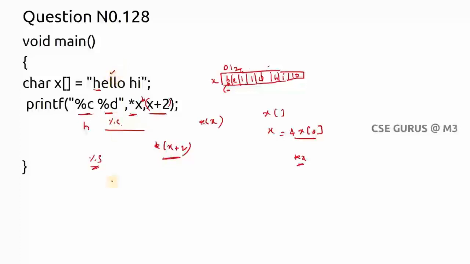This L will be printed. So if you want, you can check it like this. You write this statement, printf("%c %c", *x, *(x + 2)). Now what will be the output? *x is H, and for *(x + 2), that means 0 position, 1 position, 2 position. So that is L. This will be your output.